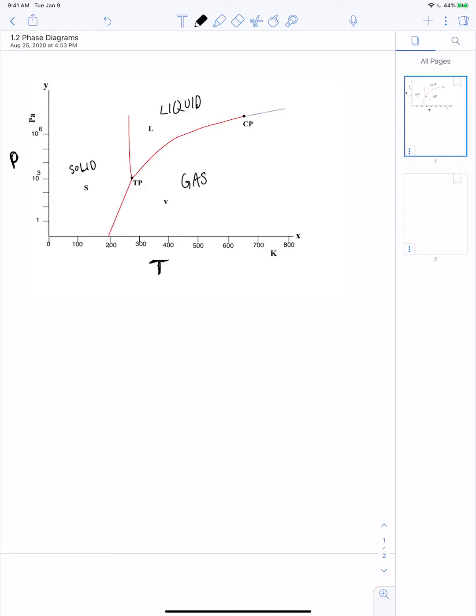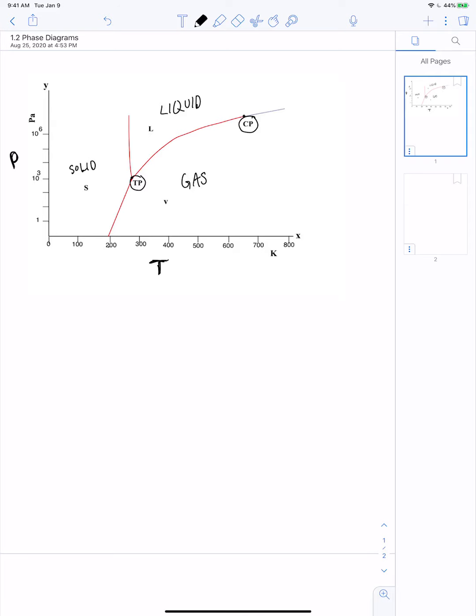I don't know why they chose V for gas. This refers to the triple point, and this to the critical point, and those are just two special temperature-pressure intersections, and we'll talk about those in a minute.